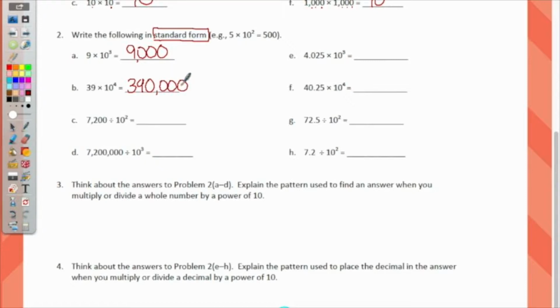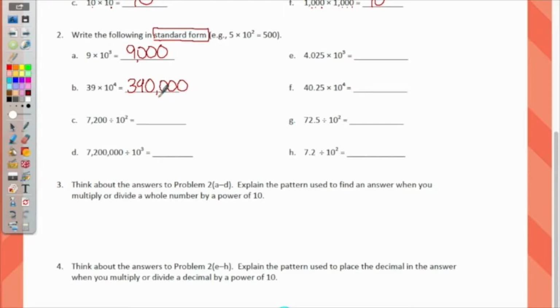What number did you end up with? 390,000. Okay. What about these two, C and D? Tell me what's different about them first of all, Autrey. They're division, okay?